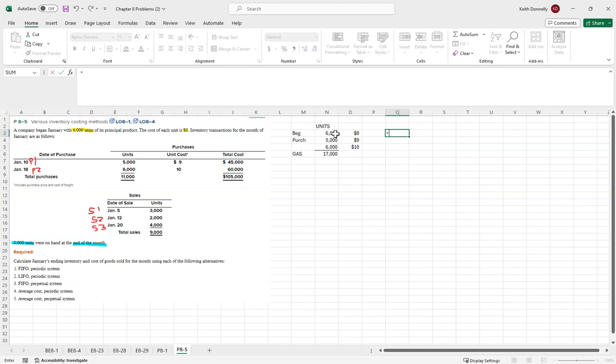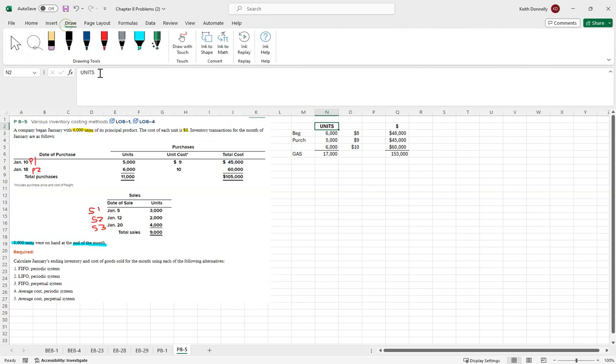So if we were to just multiply those, we want the formula for this. 153,000, that's in dollars, total cost.